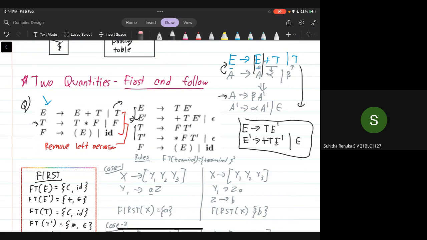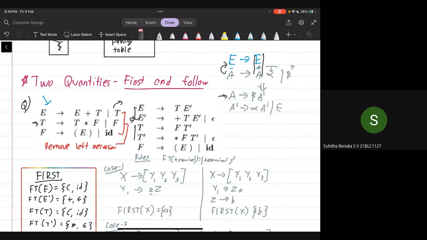Can we solve that? It's the same thing. T goes to T star F or F. So what is our A here?